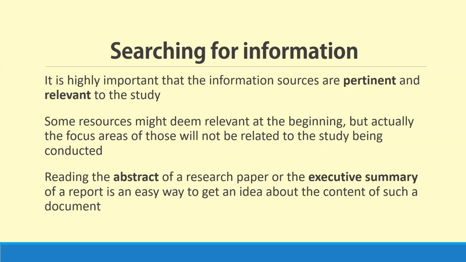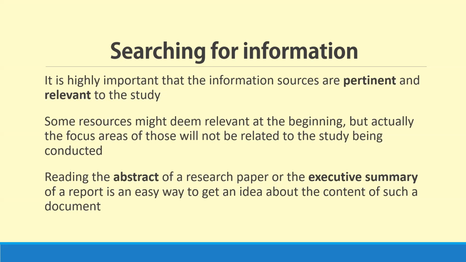So another good strategy to find out if the publication is relevant to your study. You can first read the abstract. When you get a research paper, the very first thing you see is the abstract. Abstract is like a very short version of the research paper.